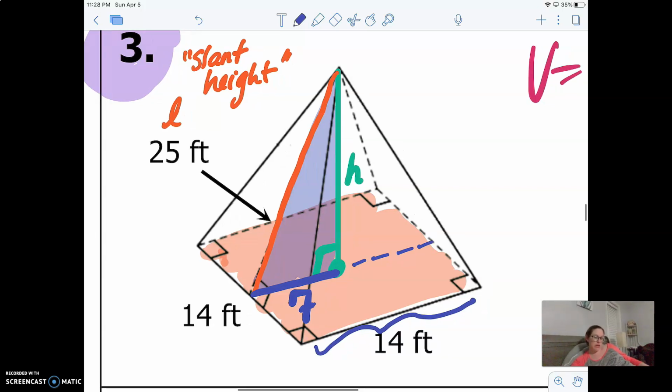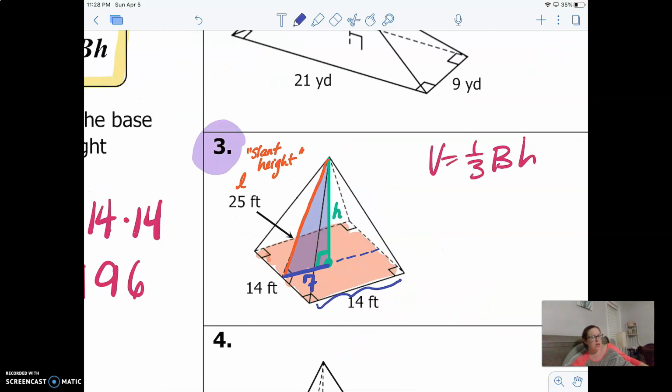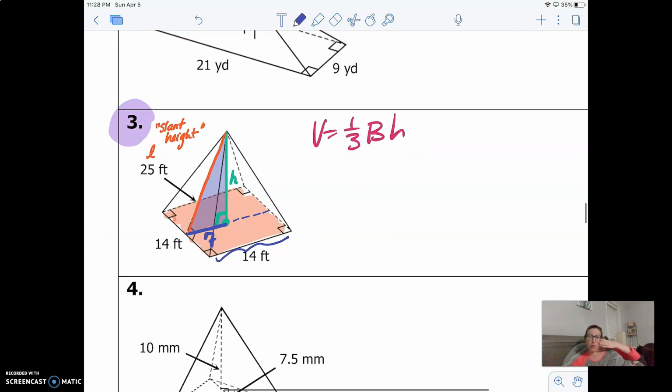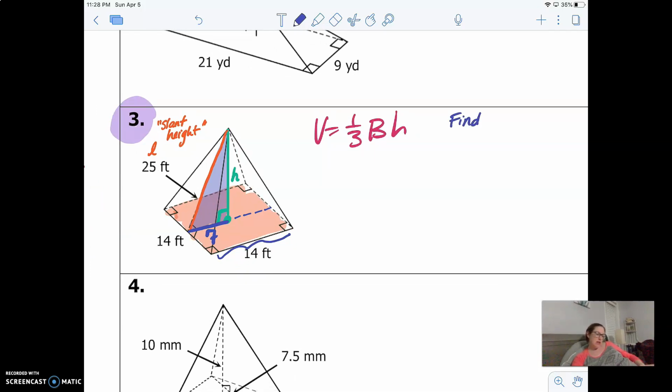And so then I have a right triangle, and then you get to do your favorite theorem that will never go away, and we're doing it constantly. So we have to find the height. Boom. a squared plus b squared equals c squared. Be careful here. Make sure you know what your c is.